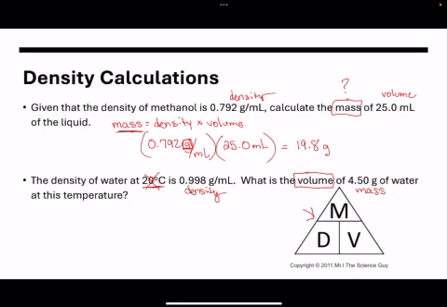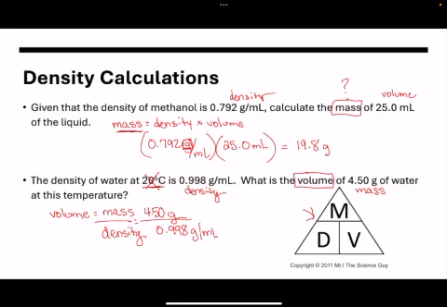So we look at our density triangle and we find that if we cover up volume, we are left with mass divided by density. So we just plug in our problem here. That would give us 4.50 grams over 0.998 grams per milliliter.